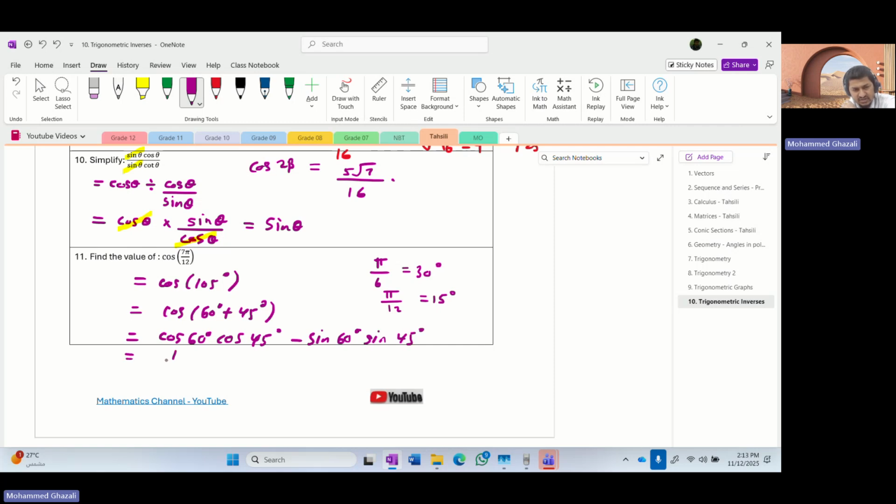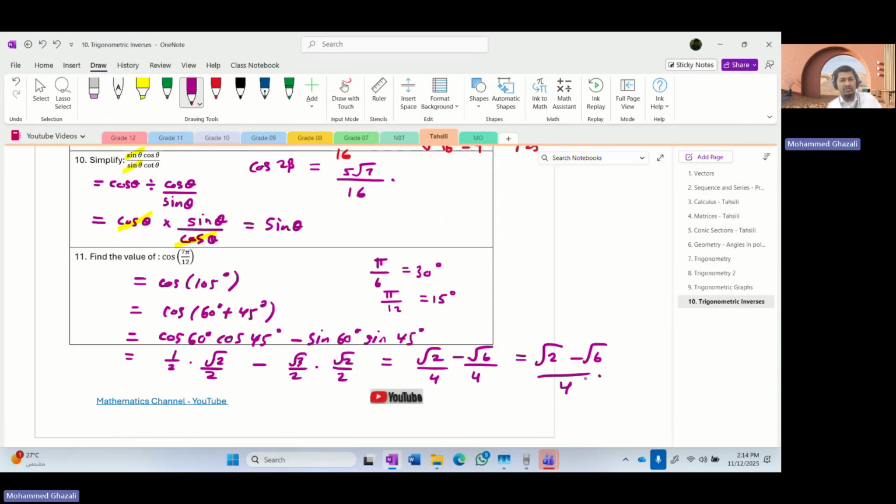Cos of 60 is half, times root 2 over 2, minus sine 60 is root 3 over 2 times root 2 over 2. So we're getting root 2 over 4 minus root 6 over 4. So root 2 minus root 6 all over 4. Hope you guys understood that.